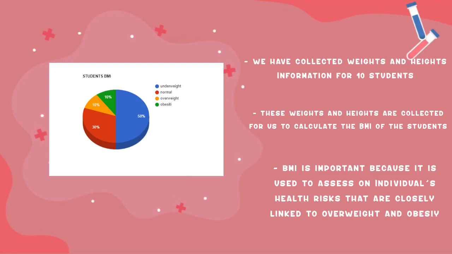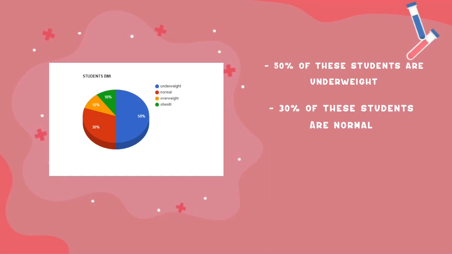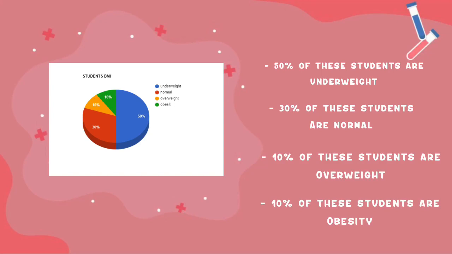BMI is important because it is used to assess individuals' health risks that are closely linked to overweight and obesity. From our observation, 50% of the students are underweight, 30% are normal, 10% are overweight, and 10% are obese.